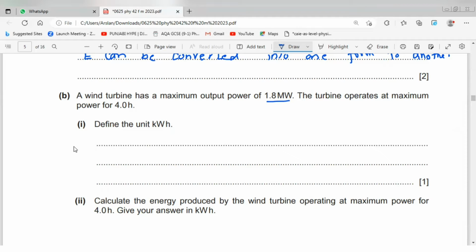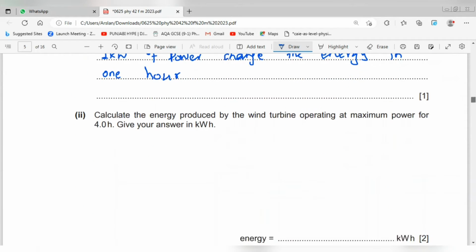So it is defined as 1 kilowatt of power change to energy in 1 hour. So this is 1 kilowatt hour.